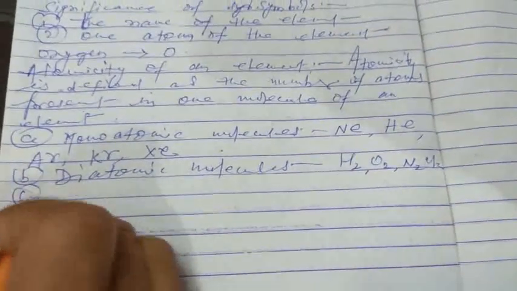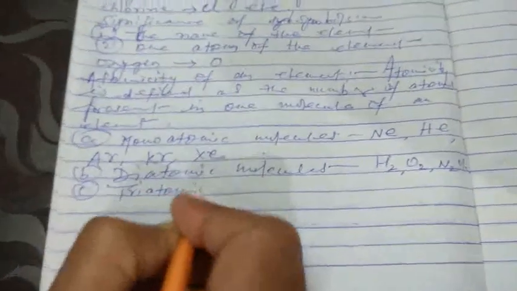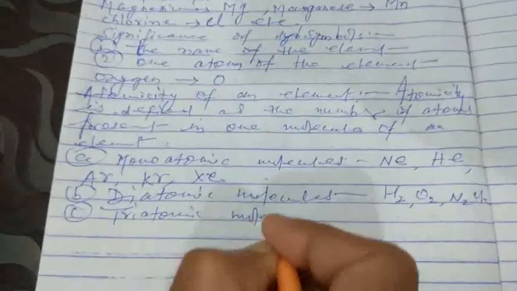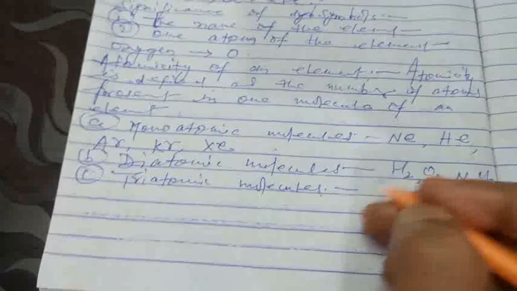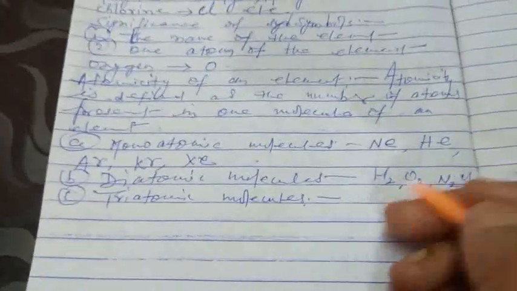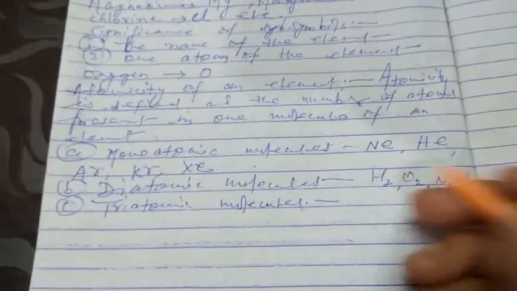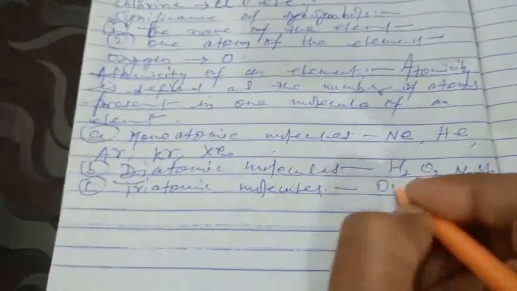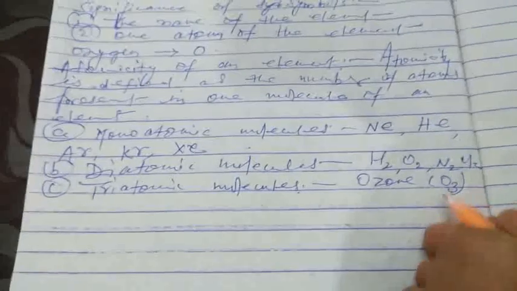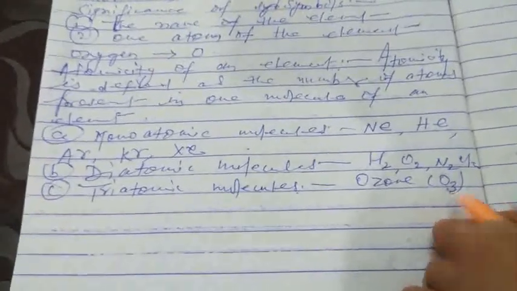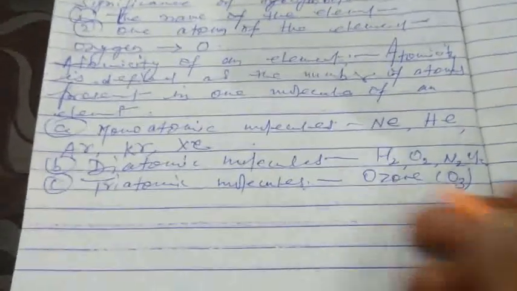Next is triatomic molecules. They contain 3 atoms in each molecule. For example, ozone. Its symbol is O3. Example of triatomic molecules.